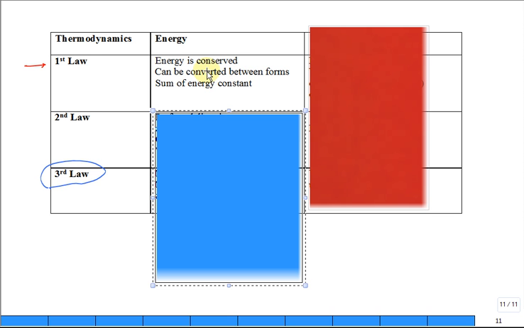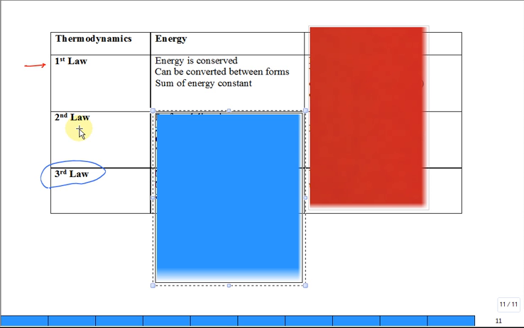So we had the notion that energy is conserved. That's the first law of thermodynamics. It can be transferred in and out of a control volume with heat transfer and work transfer. It can be changing forms between kinetic, potential, and internal energy, but the sum of all of the energies is conserved, so it's constant.